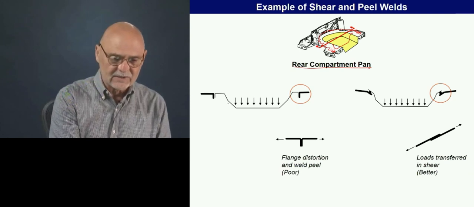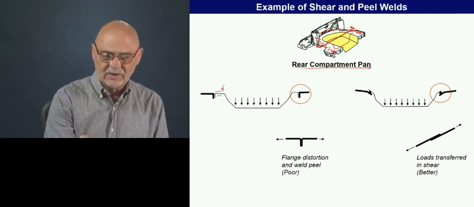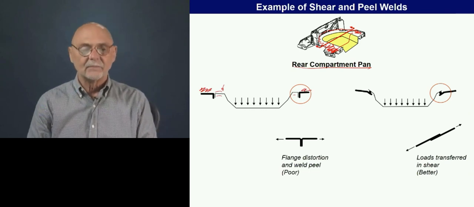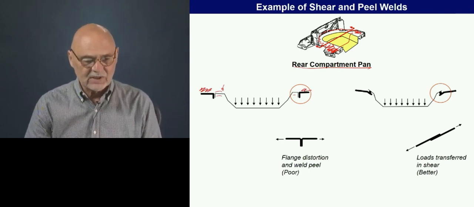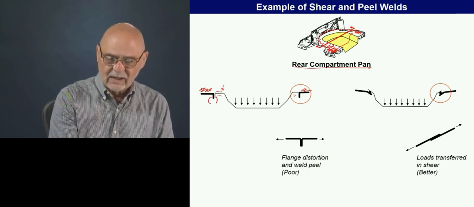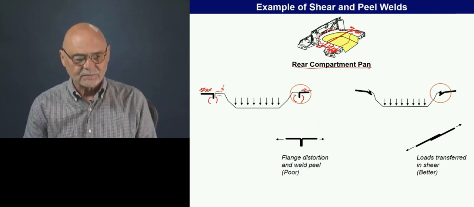Here you see this is the equivalent of the yellow area above, from here to here, and this little flat area here is represented by these. In this first illustration on the left, this is a joint that's subject to peel. It's called a coach joint.